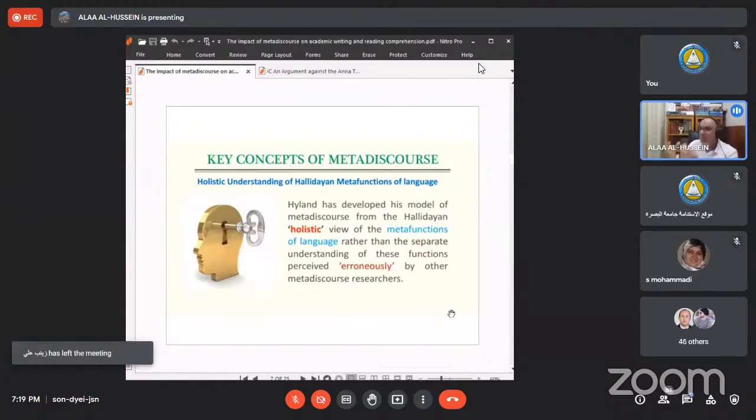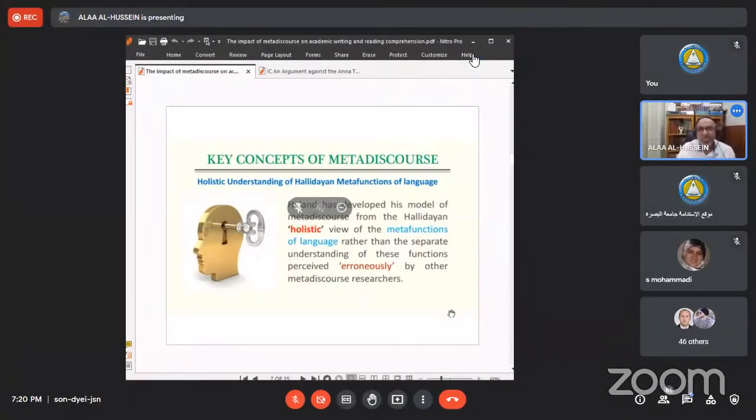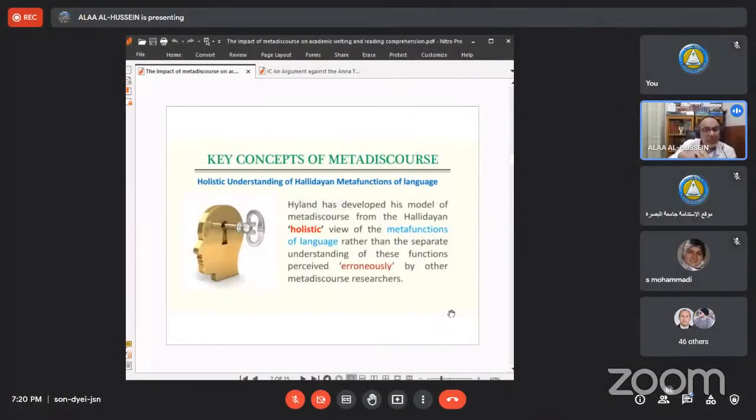So they said that meta-discourse has, or the major categories of those meta-discourse researchers such as Vande Kopple, Crismore, and other meta-discourse researchers, they said that we have two functions for meta-discourse: the textual, that organizes the text, and all the functions of textual meta-discourse is focused on what?